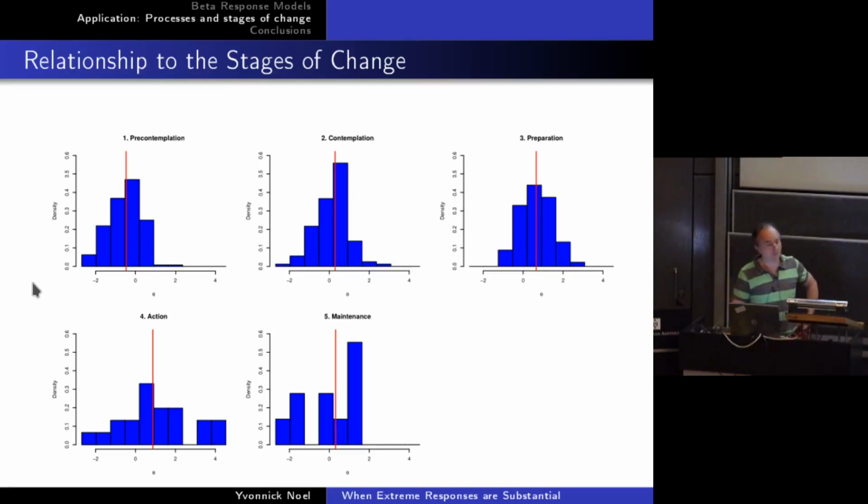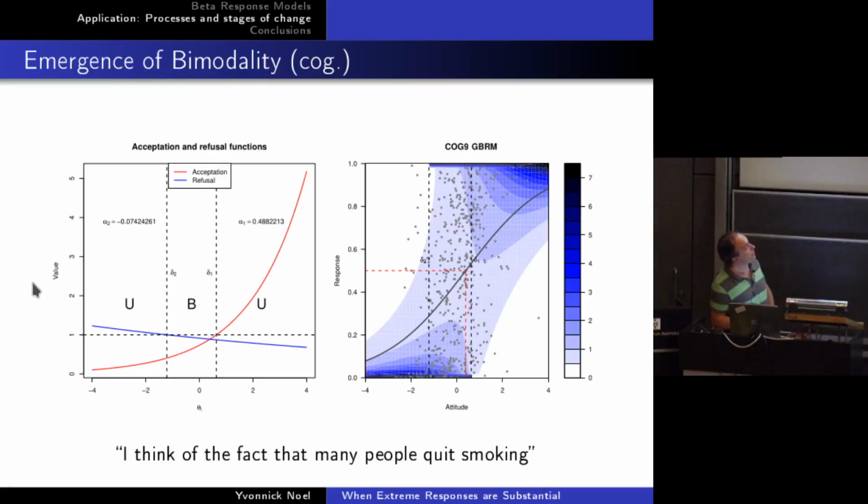Now, examining some sample items in the real data. Here you have the item "I think of the fact that many people quit smoking." As you can see, the slopes of refusal and acceptance might be quite different. Also, both of them may fall below 1, so that bimodality really occurs in some middle range area.